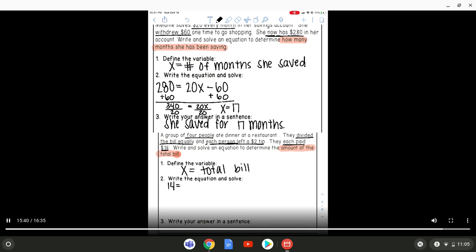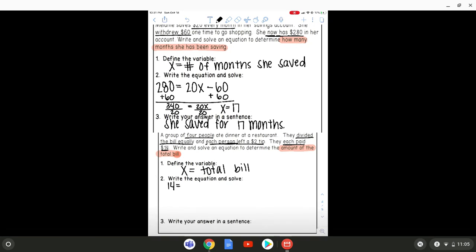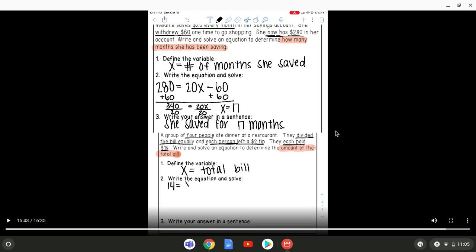Now, when we think about the total bill, we come up here and we see that they divided the bill. So I'm going to put X on top of a fraction because it told me they divided the total bill, and it says they divided it equally. Well, there are 4 people. So if they divided it equally between 4 people, that means the total bill is over 4.